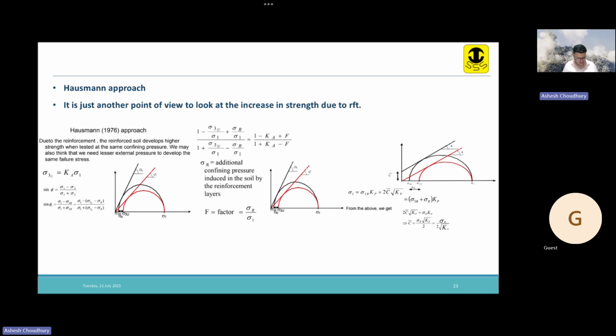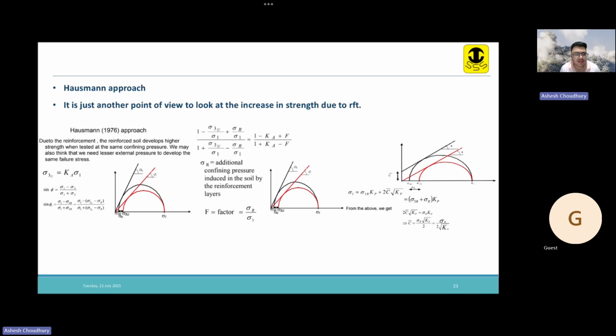Now let us just see this a bit. This approach, the Hausmann approach, is nothing but another point of view of looking at the increase in strength due to reinforcement.